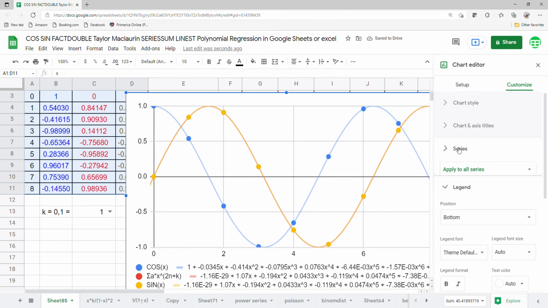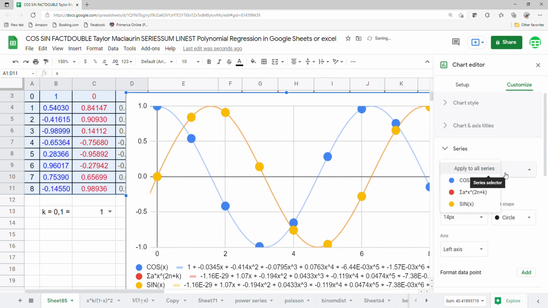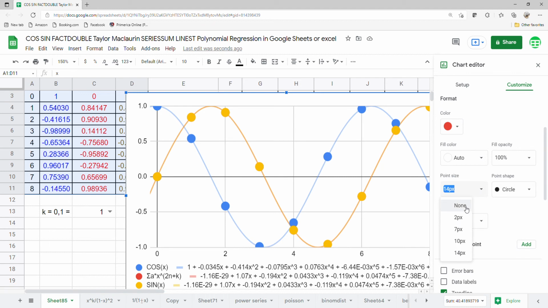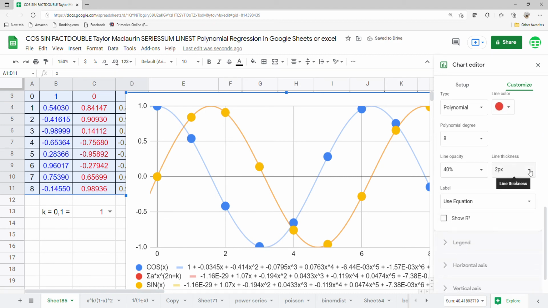And for the series again, the point size will be maximum. Except for the expansion, the point size will be none. But the line thickness will be maximum.